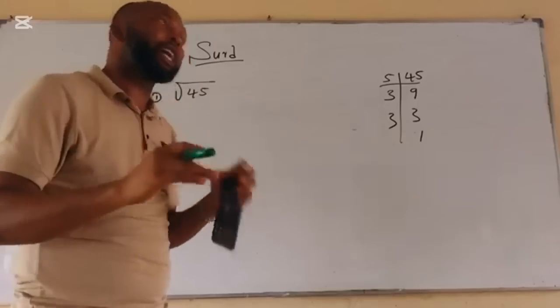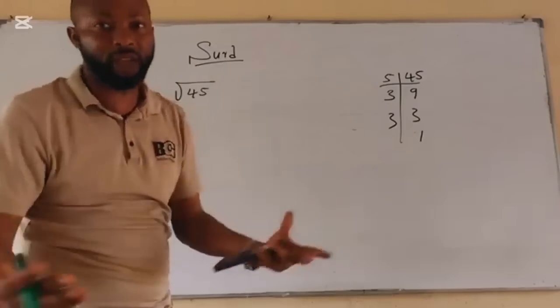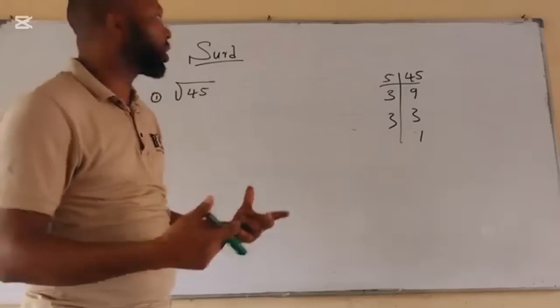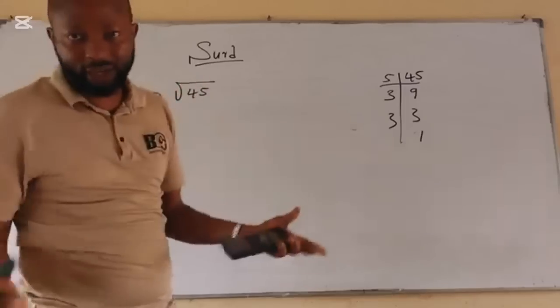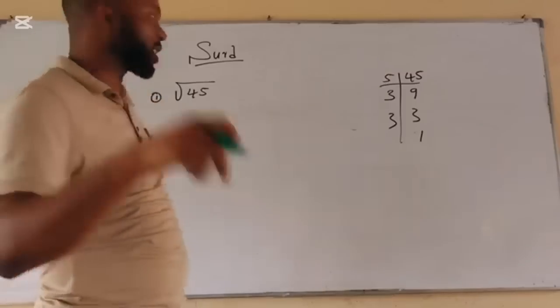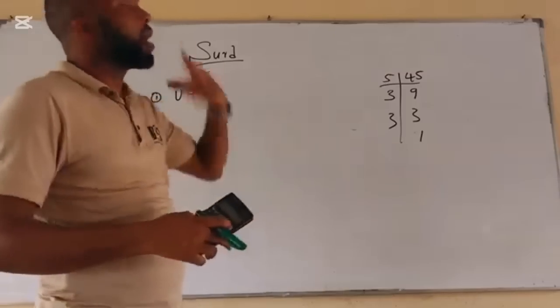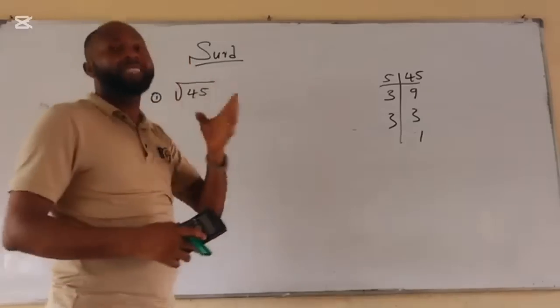If I can get that, it means I can simplify or break it down further. Otherwise, I'll be stuck because root 45 is not a perfect square. It cannot just give me a direct answer, like root 9, which is 3. Root 45 is not going to give you a perfect answer. So I simplify it by creating a factor inside of this 45 that is a perfect square.